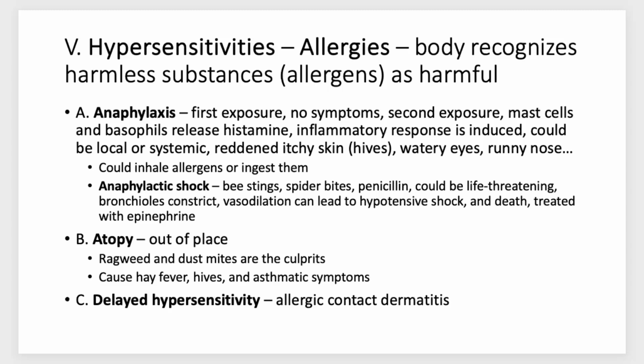So the EpiPen alleviates that, which is one of the most important things that needs to happen. It's also going to increase your blood pressure, and that's going to allow you to move oxygen through your body faster, and that's going to help reverse the lower blood pressure that you get from anaphylactic shock through that vasodilation. So it's counteracting the vasodilation with vasoconstriction.